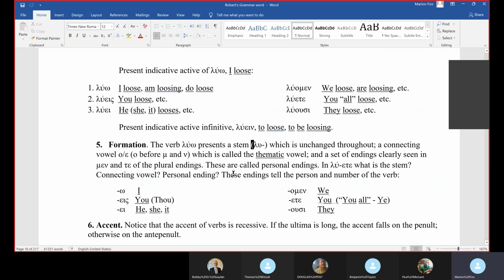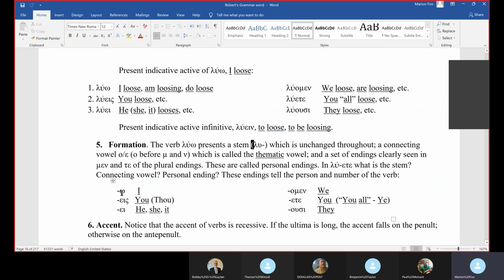These are called personal endings. In ete, what is the stem? The stem is lu, of course. Then the epsilon is the connecting vowel, and te is the personal ending.